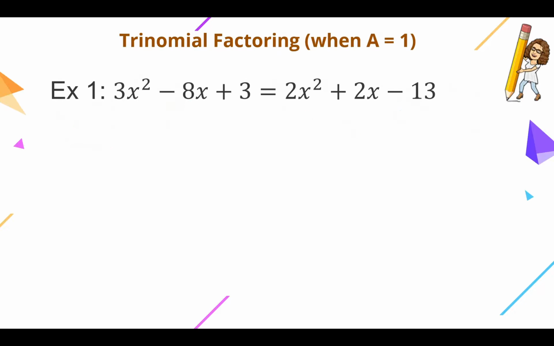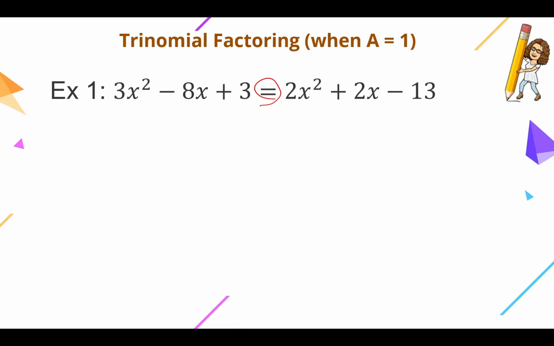Now let's try trinomial factoring when my a is 1. First thing we need to do, because now notice we're solving, I need to be equal to 0, so everybody has to get on one side. And when I'm doing this, I like to make it so that my x squared stays positive because it makes my factoring a lot easier.